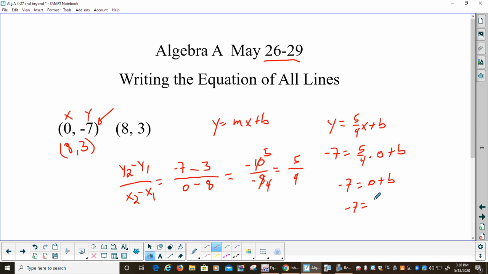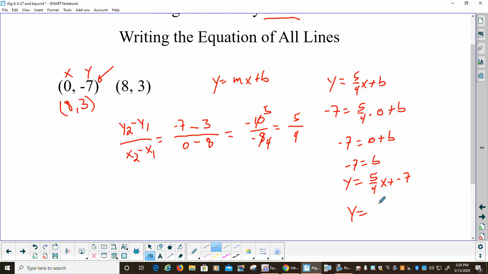So it's negative 7 is equal to b. So your final answer, y is equal to 5/4 x, either plus a negative 7, or you guys can write y is equal to 5/4 x minus 7. Same thing, either one. Okay? So that's just a review of last week.